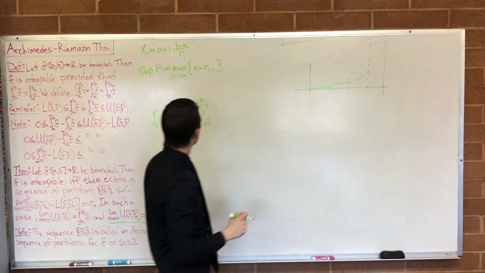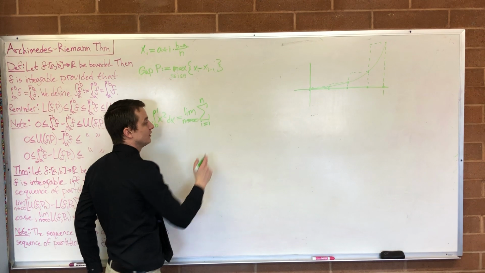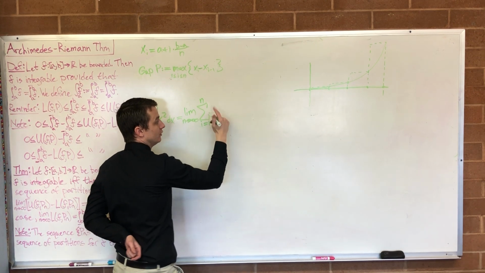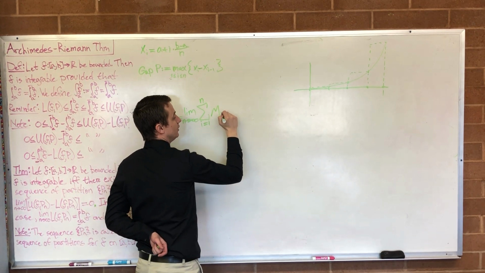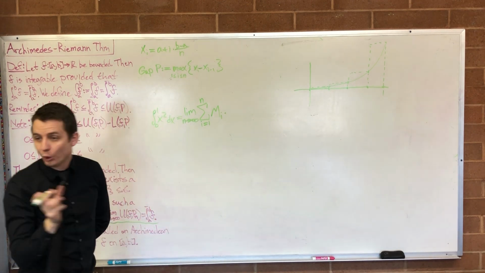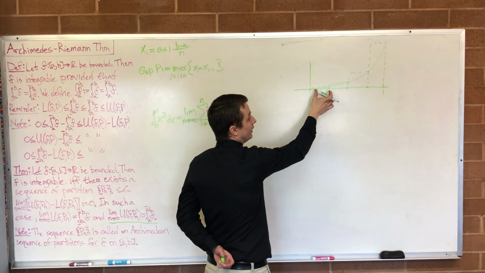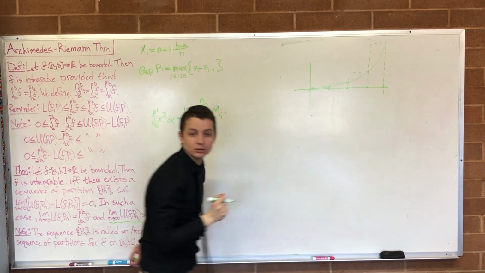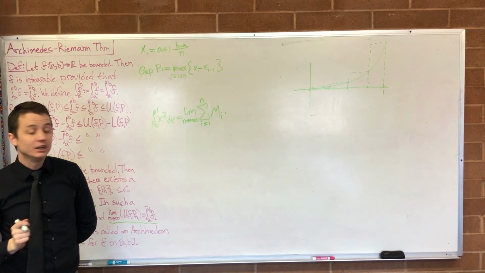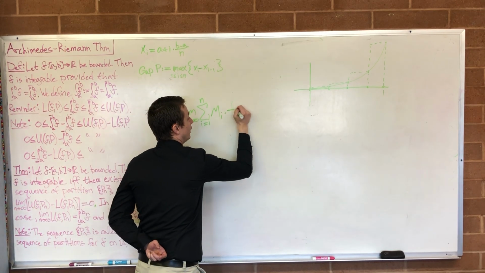Okay, so I need to do the height of each of the rectangles, M sub i, times the width of each of the rectangles. Now we know what the width is. What is the width of each of these rectangles? 1 over n. It's just 1 over n. How did she do that?